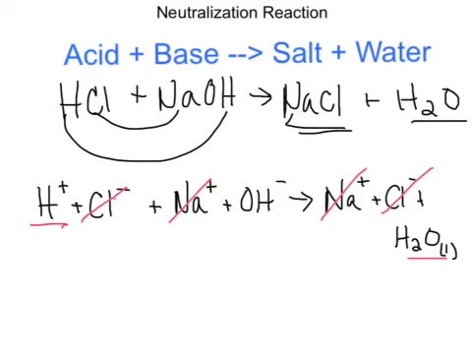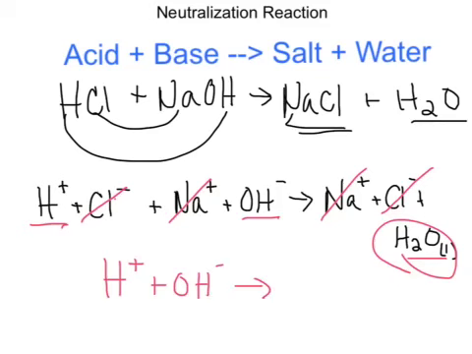So the hydrogen and the hydroxide are actually what are producing the water. So our net ionic equation for this reaction would be H+ plus OH- forms H2O. And that's the net ionic equation for the reaction between a strong acid and a strong base.